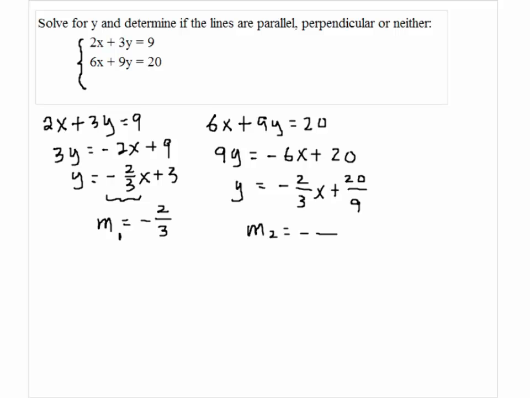So the slope m2 will be negative 2/3. Now let's compare these two slopes. Notice that m1 is the same as m2. Therefore, line 1 and line 2 are parallel.